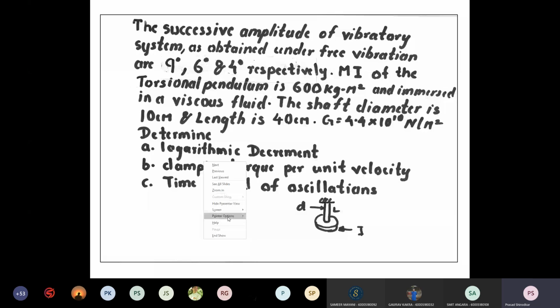The shaft diameter is 10 centimeter, length is 40 centimeter, G is equal to 4.4 into 10 raised to 10 Newton per meter square. Determine the logarithmic decrement, damping torque per unit velocity, and time period of oscillation. Damping torque per unit velocity is nothing but your damping coefficient, it is just C T. All right, so let's start that.